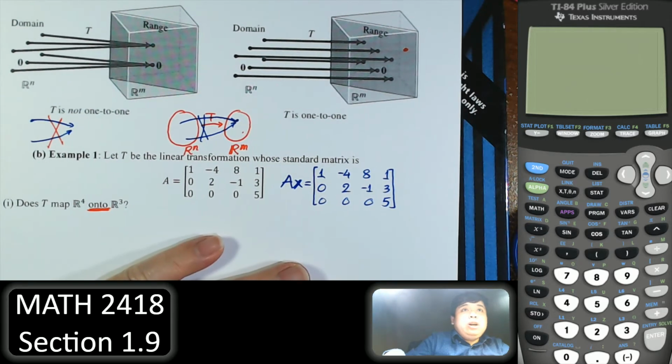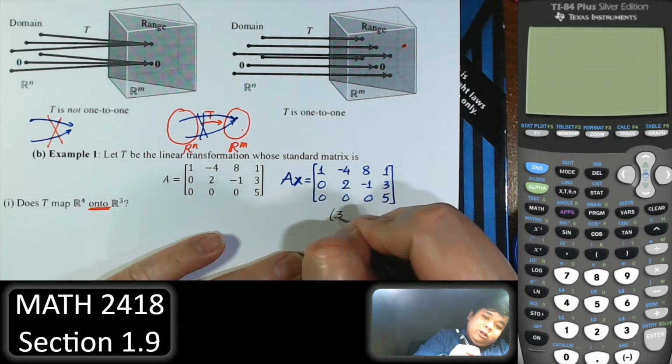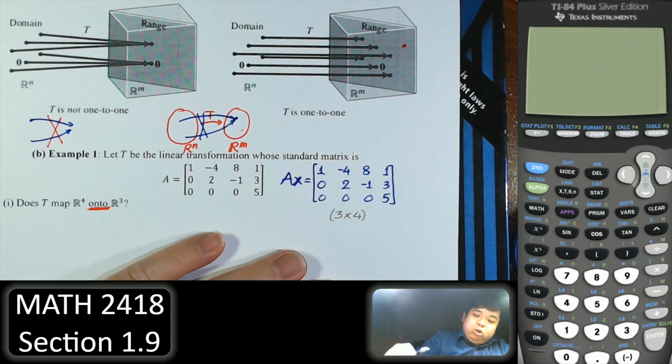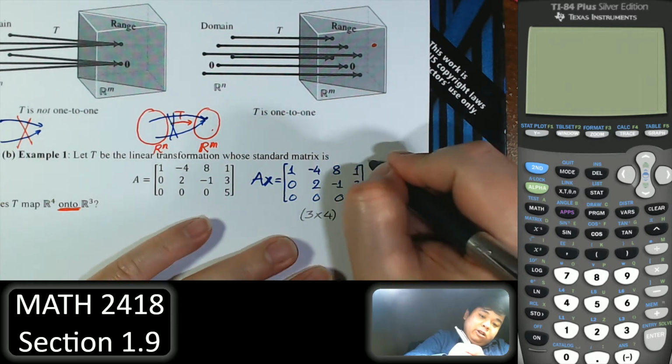If we want to test the transformation, this is 3 rows, 4 columns. So when we multiply by x, x has to be 4 by 1.